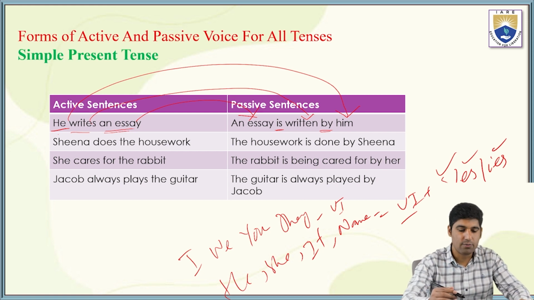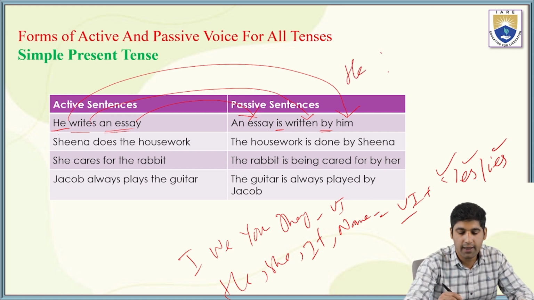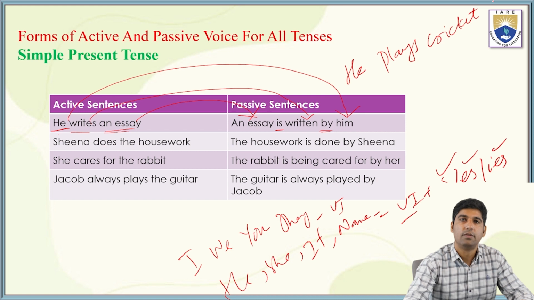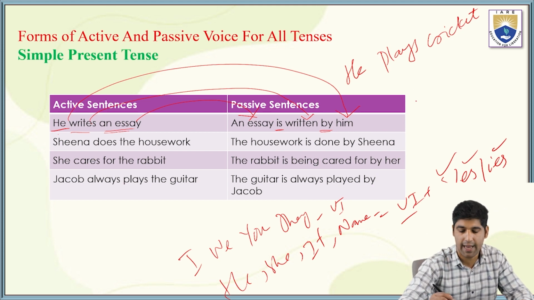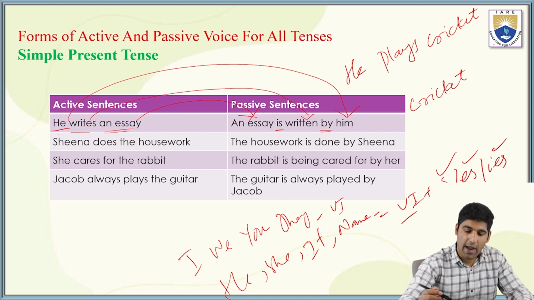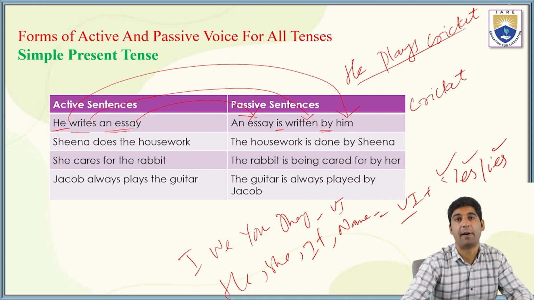So if I write one more sentence here, he plays cricket. So cricket here is the object. But this object will be the subject of the passive voice. So then I have to write cricket. Now I need to check the tense. Which tense is this? Present tense. So I will use the helping verb is. Cricket is.